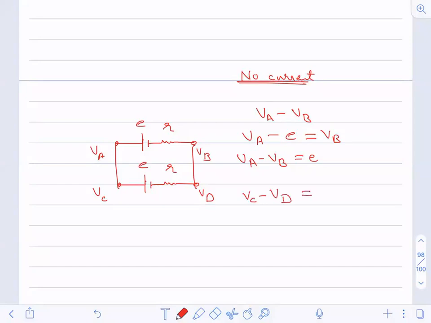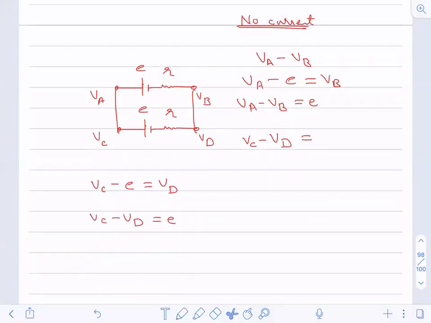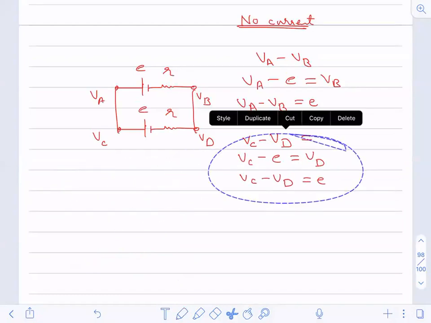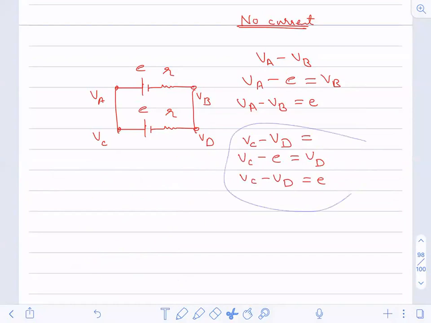We have to calculate that. So VC minus E is equal to VD we will get. So VC minus VD still is equal to E only. Just see. So this calculation we have done for D.